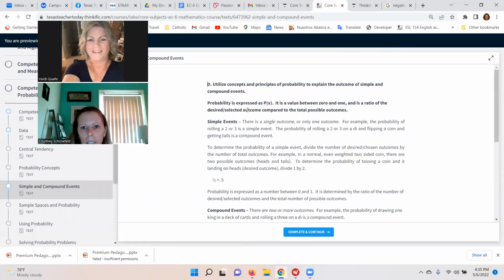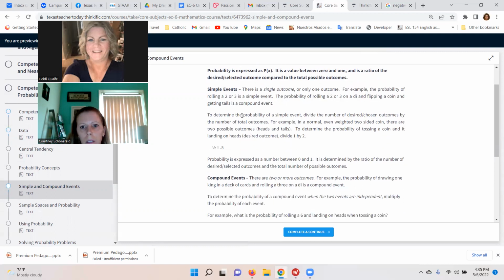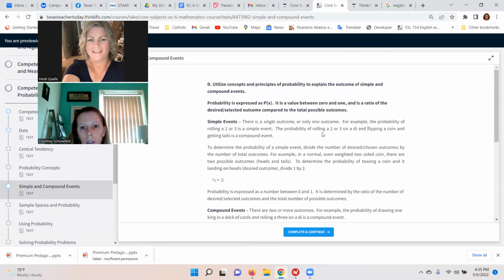So a simple event has a single outcome, just one outcome. So for example, if you roll a die and you want to know the probability of getting a 2 or a 3, that's a simple event. And what you would do is just divide the number of desired or chosen outcomes by the total number of outcomes, okay? So in this case, there's 2 possible outcomes that we're looking for, a 2 or a 3.